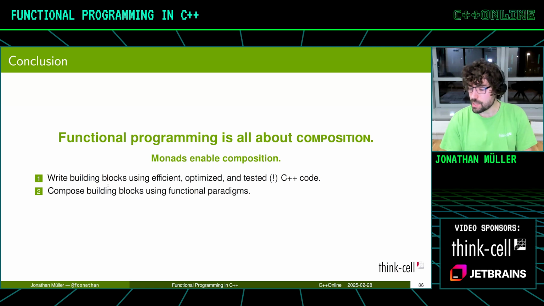And the other question: what are the use cases in which you think functional programming declarative style can be used? Well, I think it can be used all the time, anywhere where you identify building blocks and you want to compose them in a very declarative way. This comes up most often with ranges. Range adapters are a really natural way of composing stuff, but also when you deal with functions.